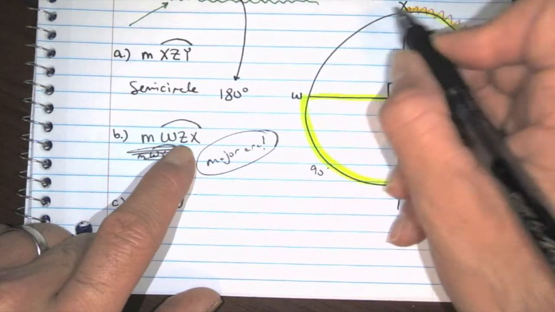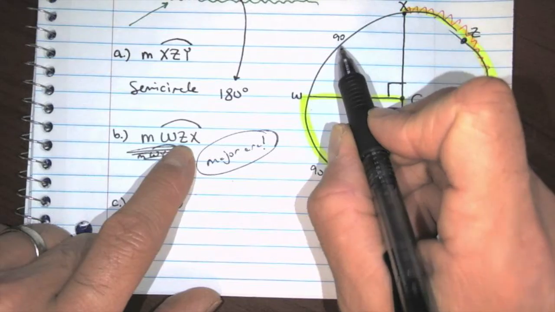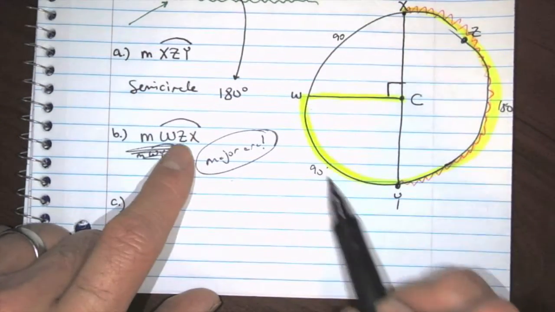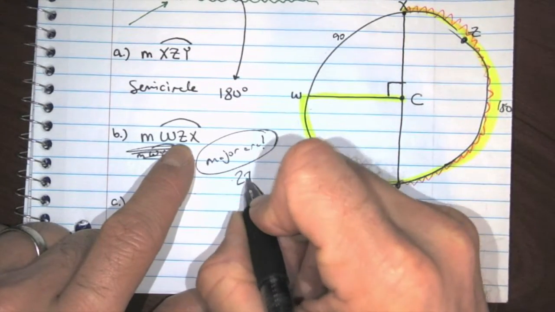If we did another 90 right there, that'd be a full circle. And if you add 180 and 90 together, you should equal 360 degrees. But because we want W to Z to X, I believe it's 90 plus 180. How about 270 degrees?